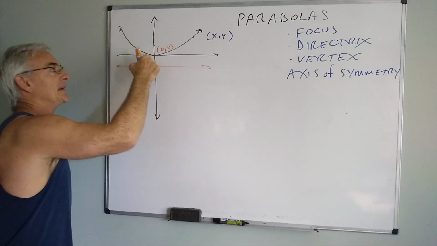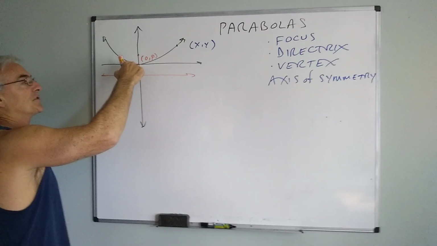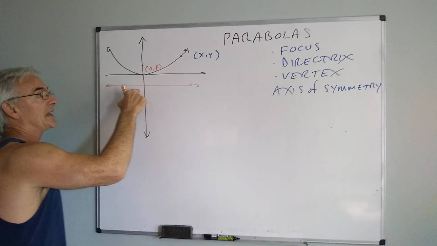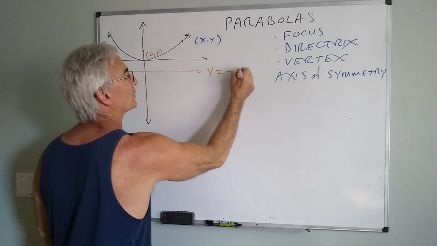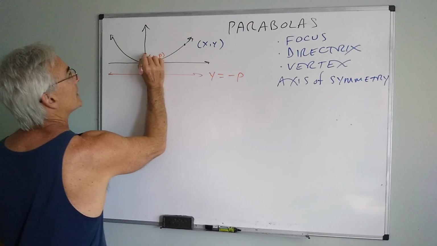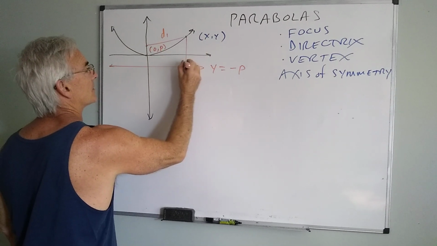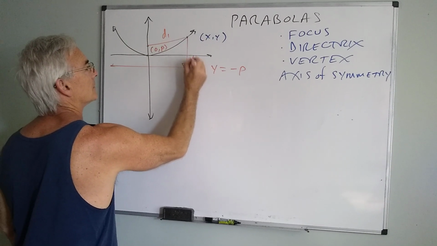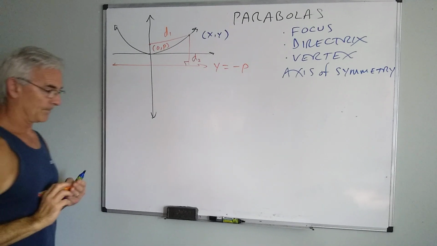The value of p is the distance from the vertex to the focus. It's also the distance from the vertex to the directrix, so that means the directrix would be the line y equals negative p. So if I call that distance there d1, and I call that distance there d2, then d1 must equal d2 for every point on the parabola.